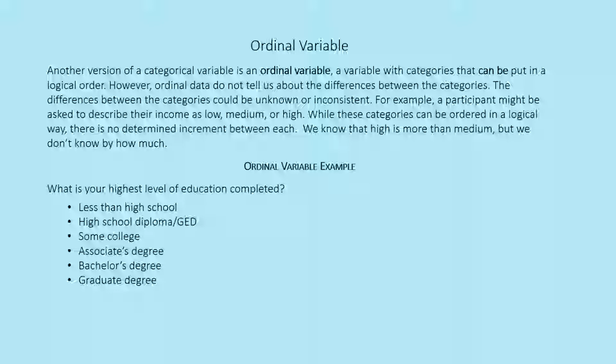We know that high is more than medium, but we don't know exactly how much. So they're put into particular categories within the categorical type of data collection. What is the highest level of education completed? Is an example. Less than high school diploma, college, associate, bachelor's, and so forth. So you get an idea that this particular type of ordinal variable is a ranked type of system.